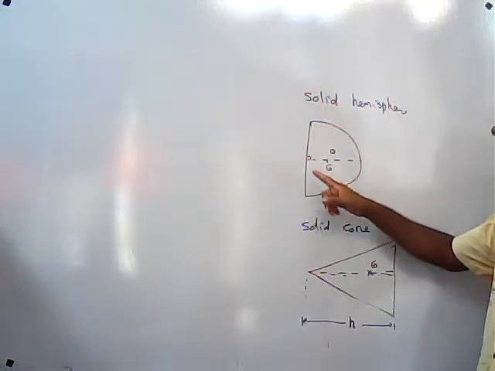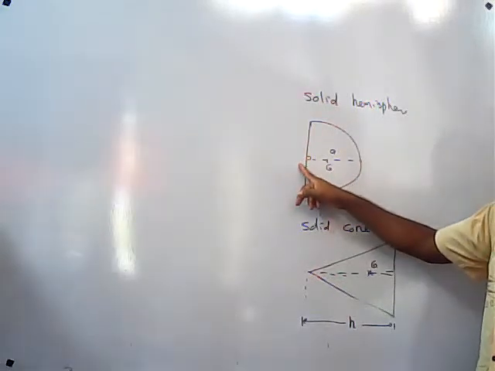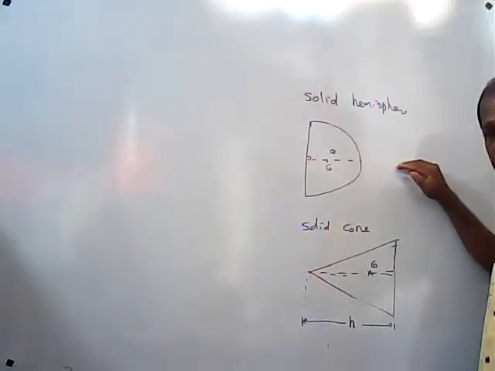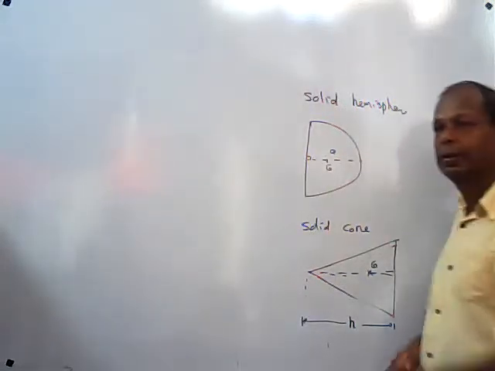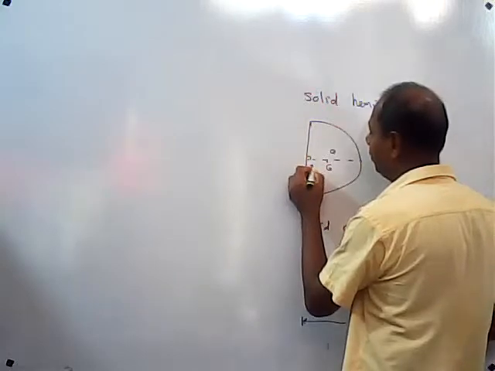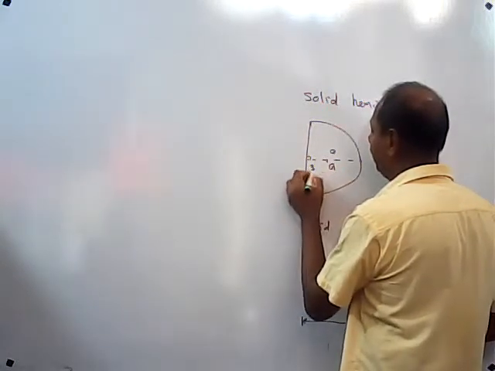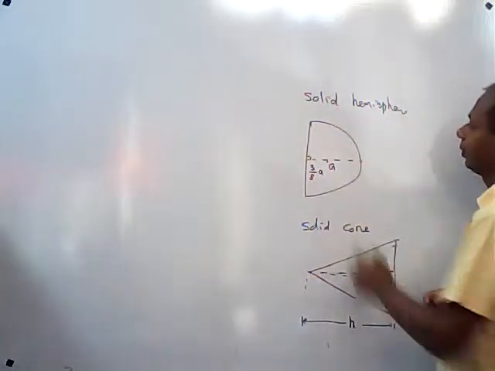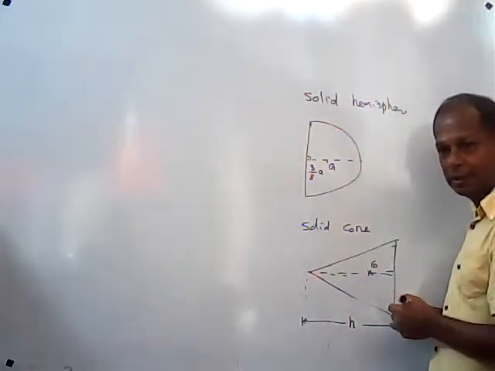Center of mass from the base, in the line of the axis of symmetry, stays at 3/8 A, right? So the other part is 5/8 A.